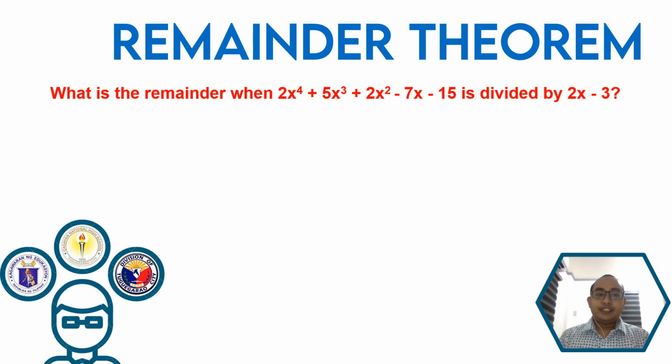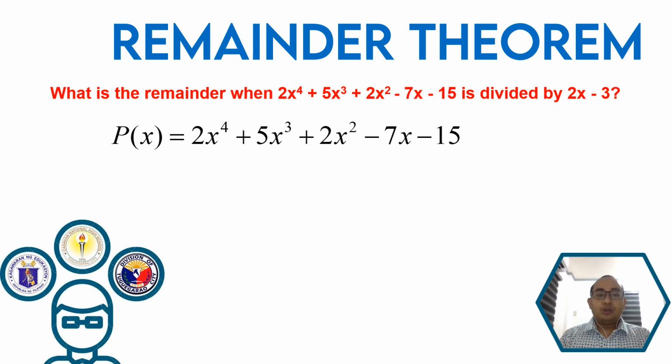Let's have another example, class. What is the remainder when 2x to the fourth plus 5x cubed plus 2x squared minus 7x minus 15 is divided by 2x minus 3? So, we let p of x be equal to 2x to the fourth plus 5x cubed plus 2x squared minus 7x minus 15.